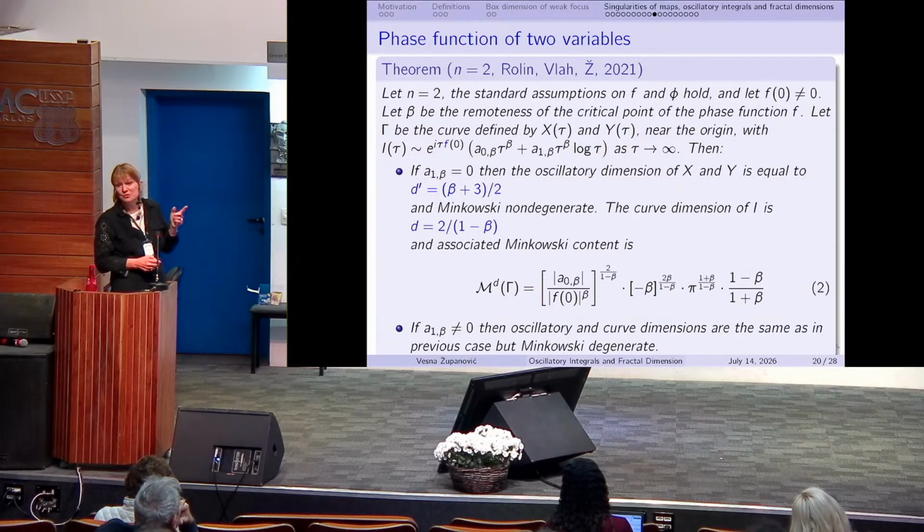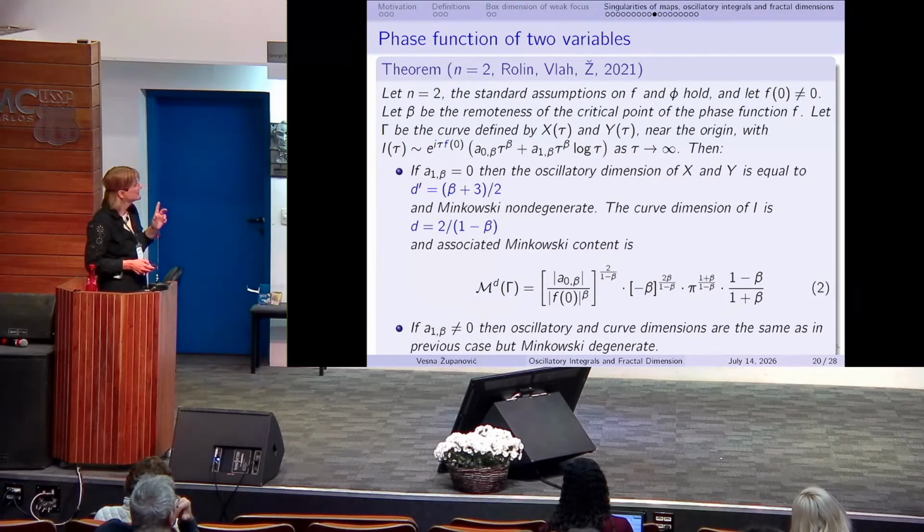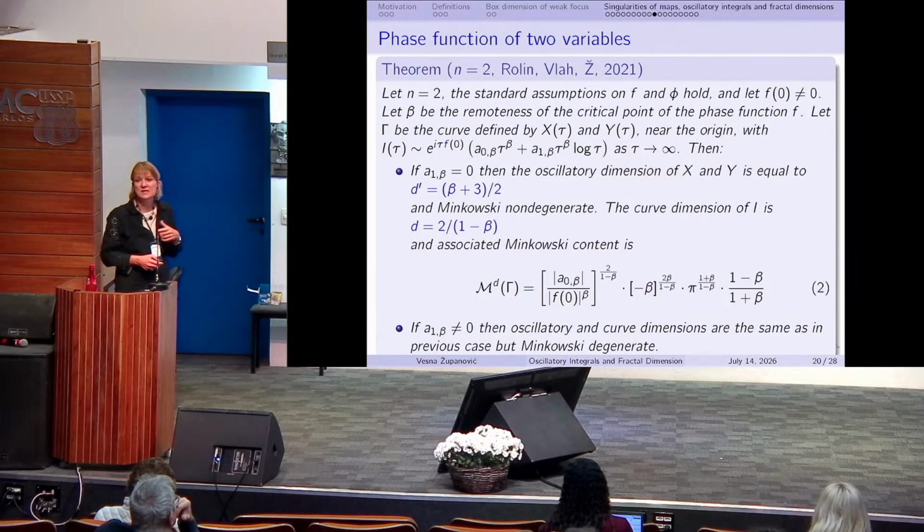If you only look at dimension, you think that maybe it is rectifiable, but it's not. It's some kind of two scales, where dimension doesn't say what you need. And then Minkowski content says it's infinite. And for the logarithmic term, we say it's Minkowski degenerate.